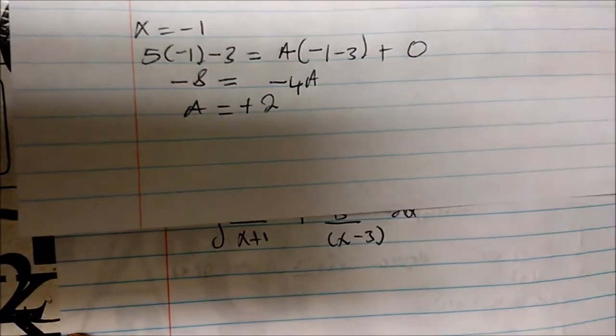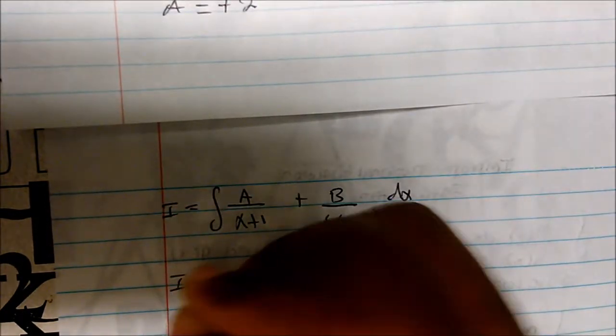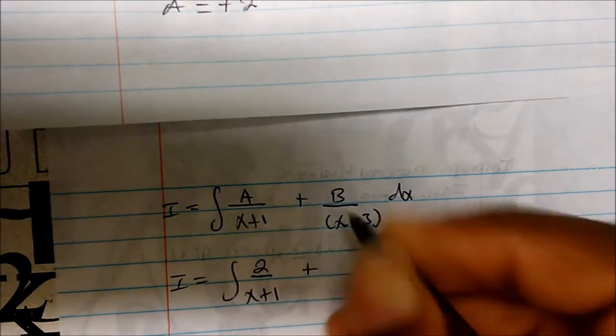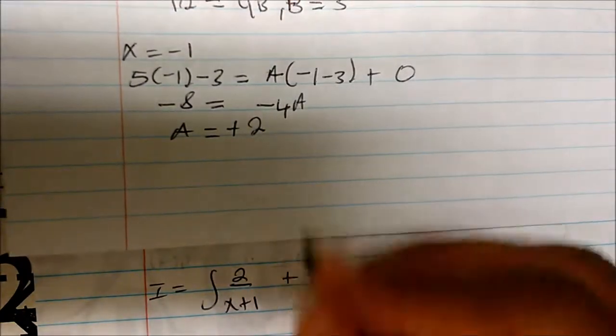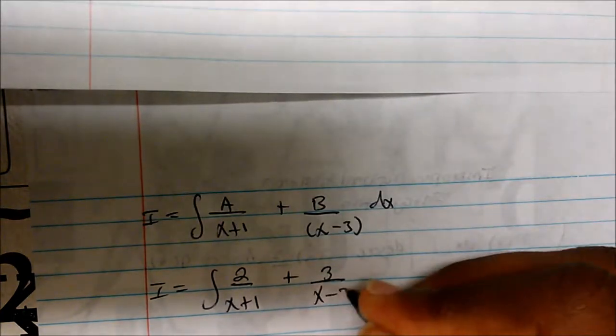Okay. Now we know what a is. So this now becomes the integral of a, which is 2 over x plus 1 plus b, which happens to be 3 over x minus 3 dx.